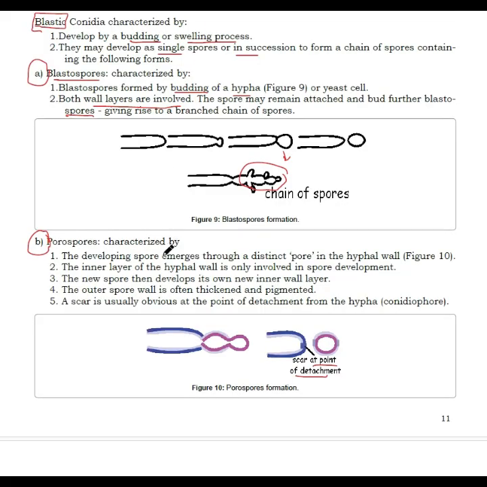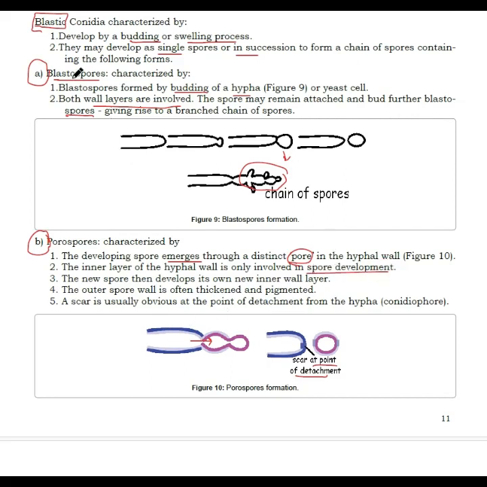So what about porospores? The developing spore emerges through a distinct pore in the hyphal wall. There is a pore in the hyphal wall through which these spores emerge, and the inner layer of the hyphal wall is involved in spore development.